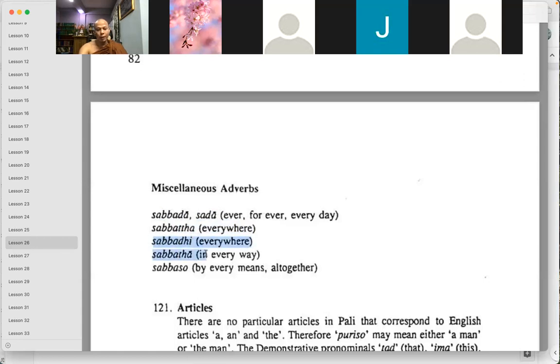And sabbatha is in every way, since tha is the manner adverb suffix. Then sabbaso, with so: by every means or all together. Sabbaso means all together.